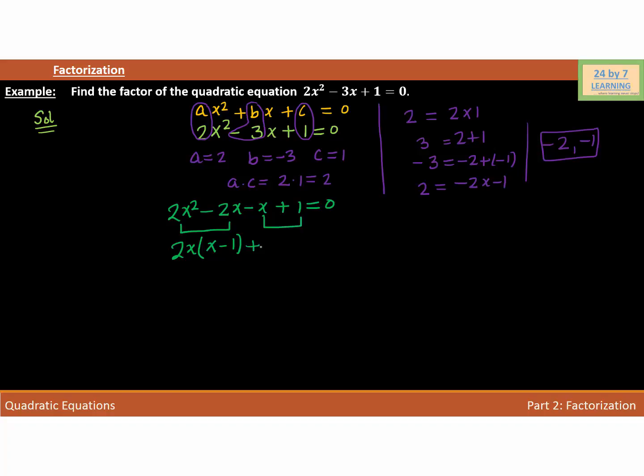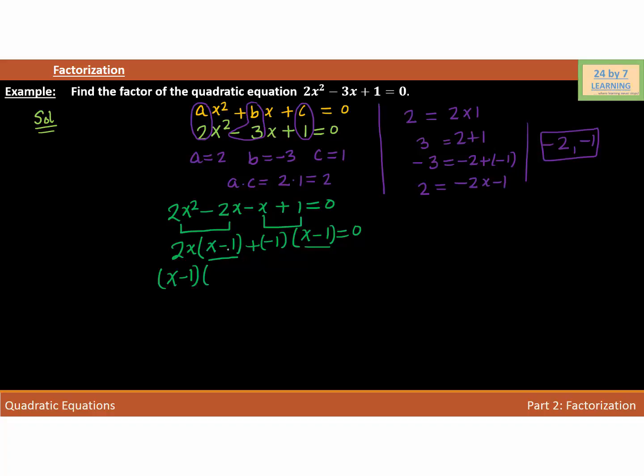And over here I have -1 common, and inside the bracket I have x minus 1, which is equal to 0. Now you can see that this x minus 1 is common for both terms, so I will take x minus 1 common outside.